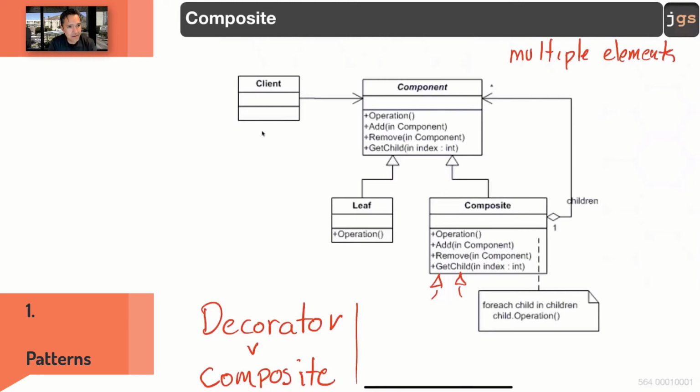Key idea, and thank you for the help. The key difference between decorator and composite is one of them is allowing you to have multiple elements and the other is not. Did you notice these methods here?